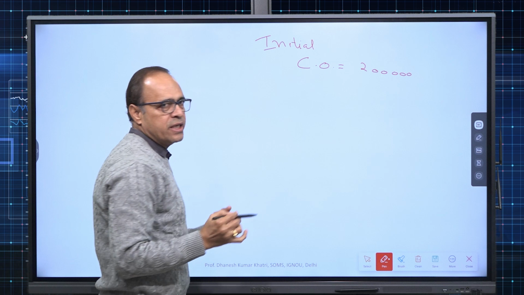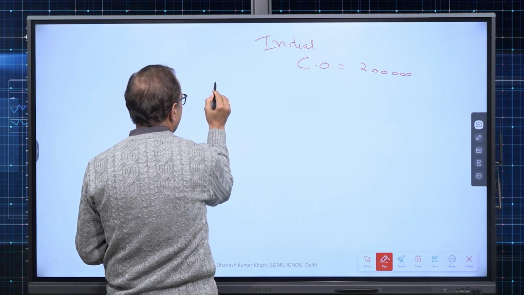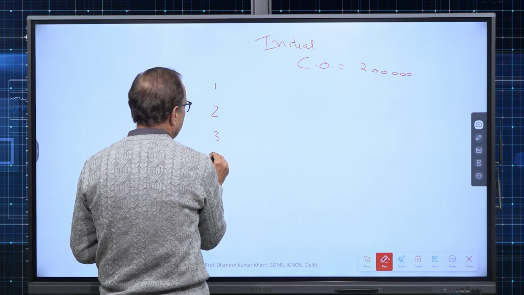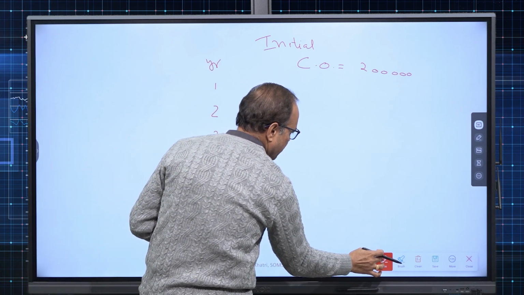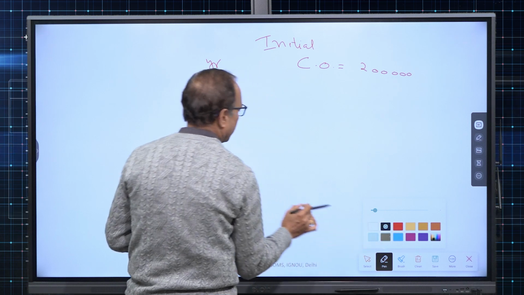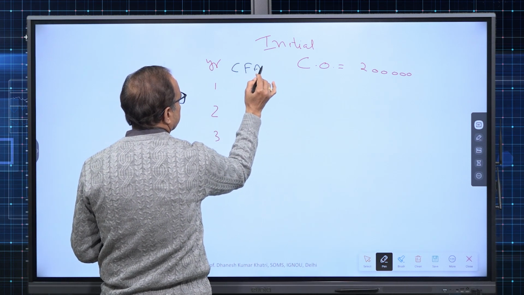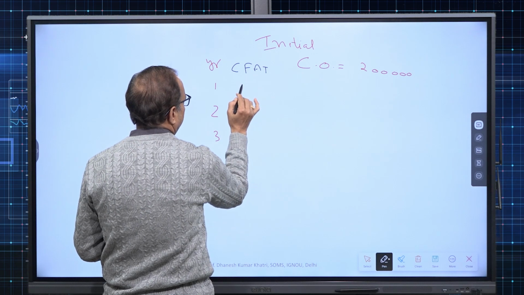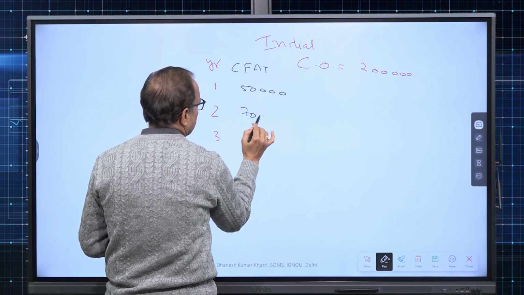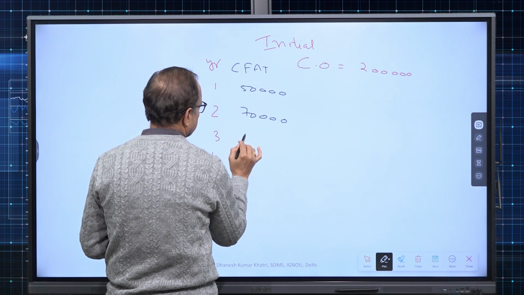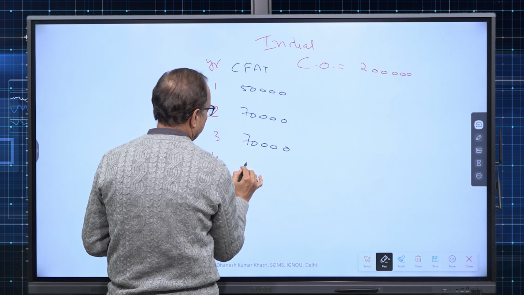and life of the project is 4 years, and during these 4 years, so 1, 2, 3 and 4, those are the years. And project will generate CFAT, say, 50,000, 70,000, again 70,000, and then 50,000.